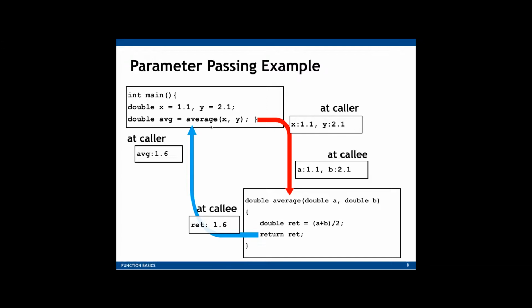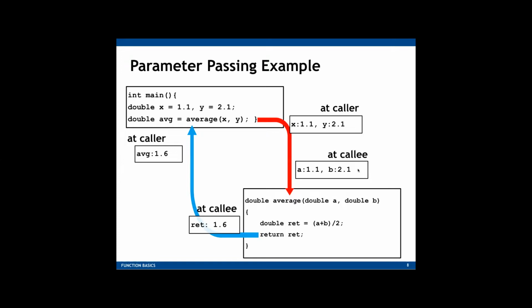In the main function, it passes the values of variables x and y through arguments. We will talk about arguments in later sessions. The argument values are mapped to the function's parameters, a and b. So x is mapped to a and y is mapped to b. We will talk more about parameters and arguments in later sessions, so don't worry if you don't understand it.